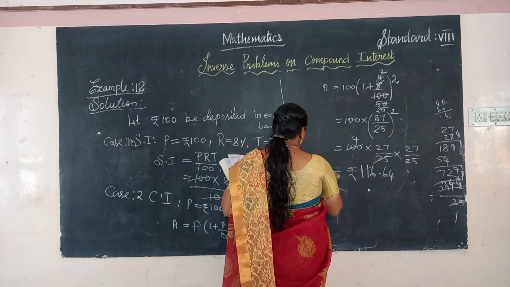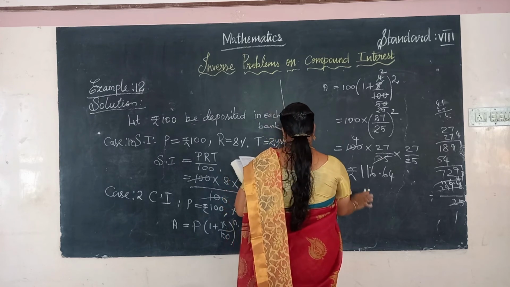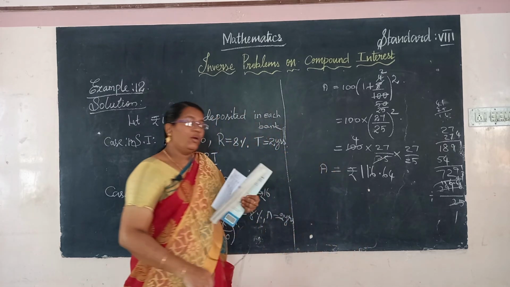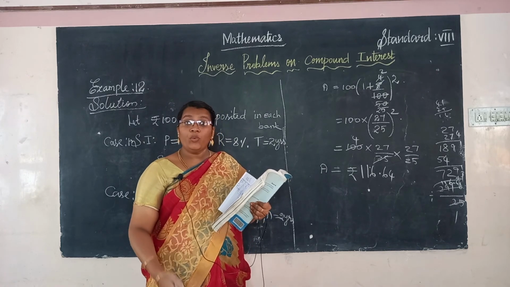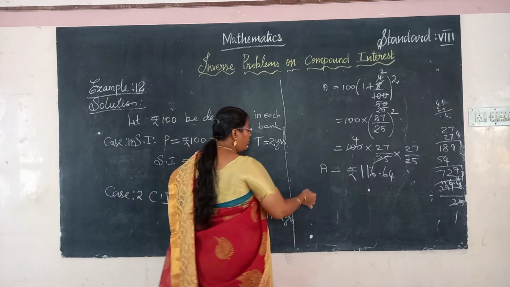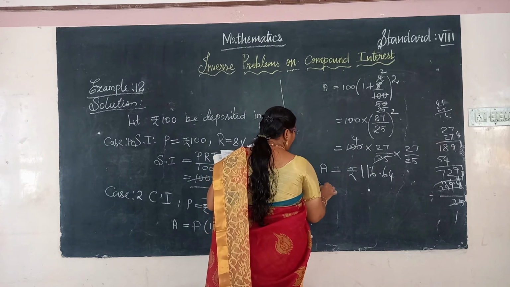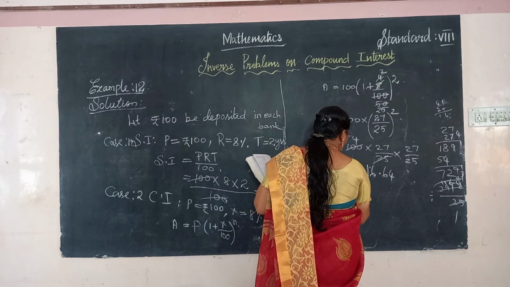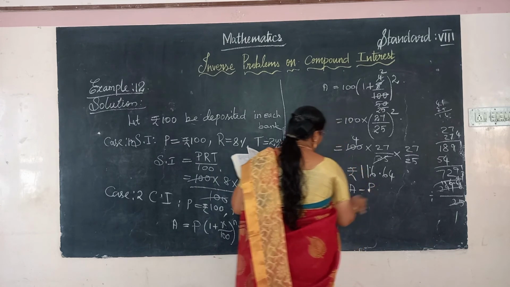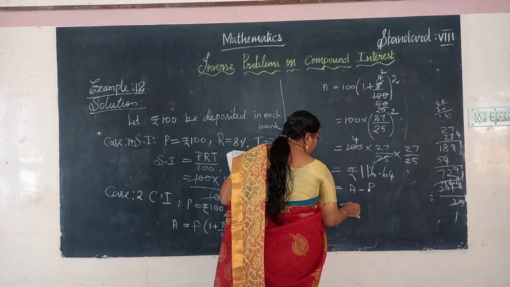What is this amount? This is the amount. What do we have to calculate? We calculate the compound interest. What is the formula for compound interest? Compound interest is equal to amount minus principal. What is the amount value here?